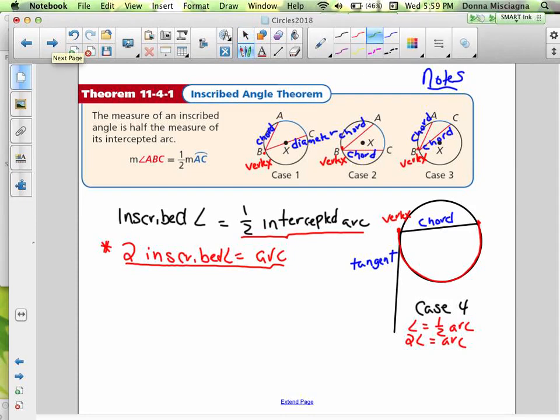So here is the inscribed angle, and here is the intercepted arc. We'll look at this case in a later lesson, but it's still solved the exact same way. Sometimes they're called tangent chord angles. They're still a type of inscribed angle because the vertex is on the circle.